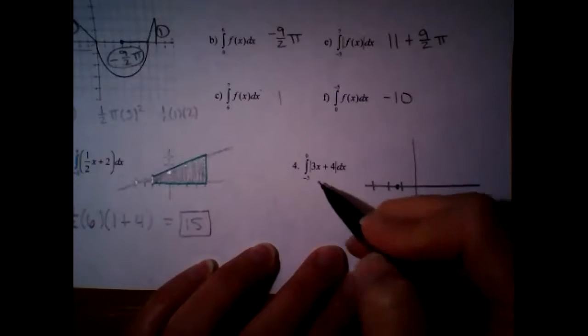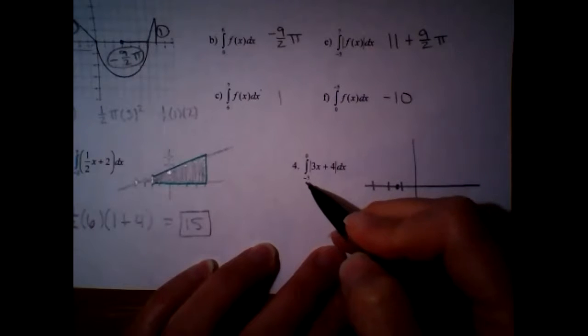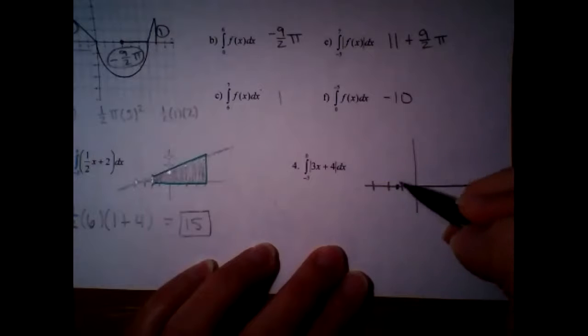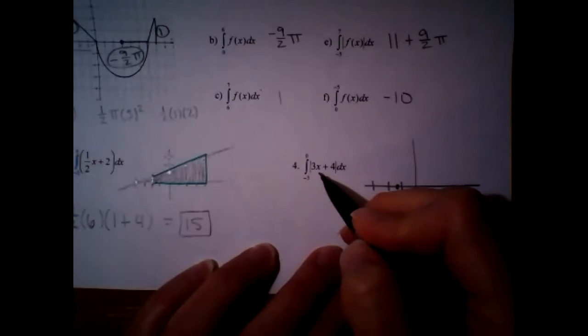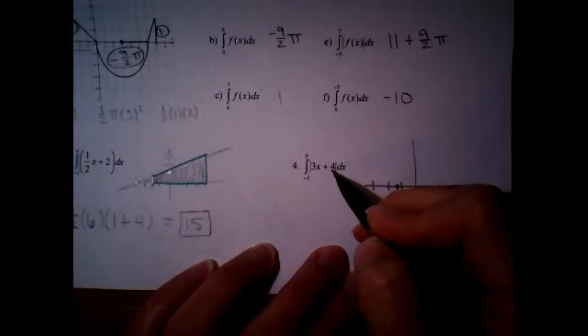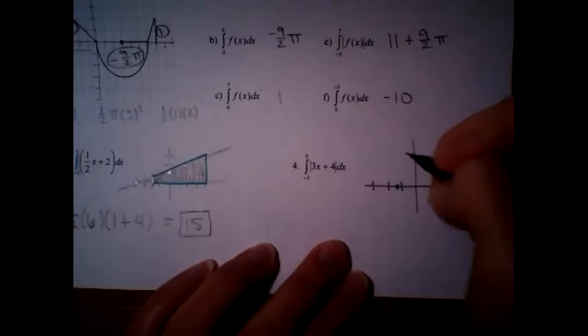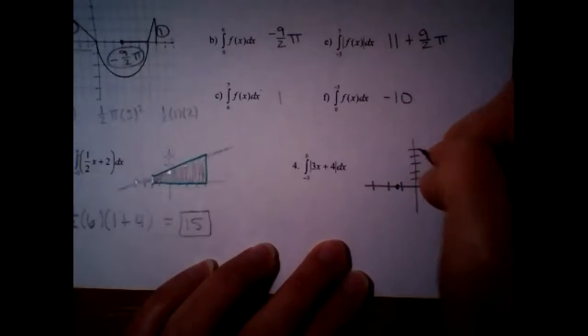And so what I would do is plug in the boundaries. We want to go from -3 to 0. So I would plug in those to see how far we're going to go with each side of the V shape. So if we plug in -3, this will be -9 plus 4 would be -5. If you absolute value that, it will be +5.